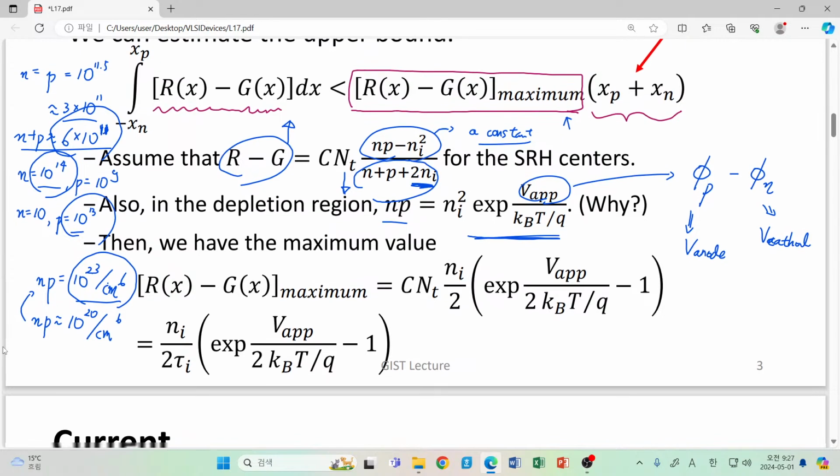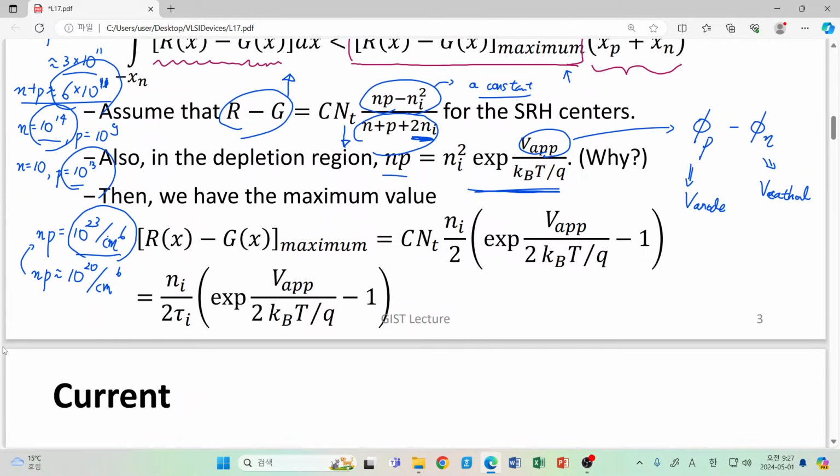The condition is now N equal to P equal to the square root of Ni squared times the exponential of the applied voltage divided by thermal voltage.